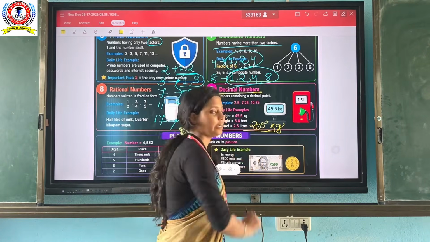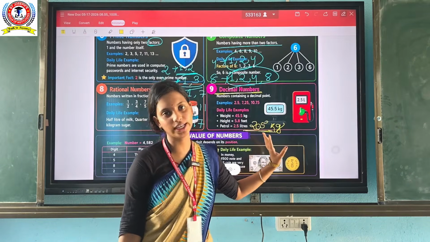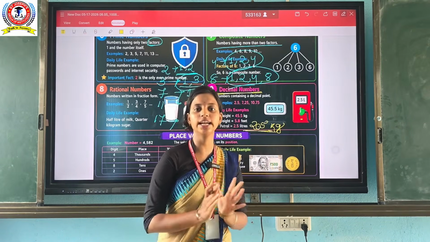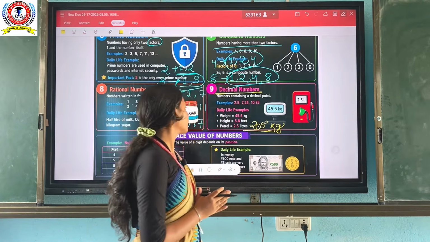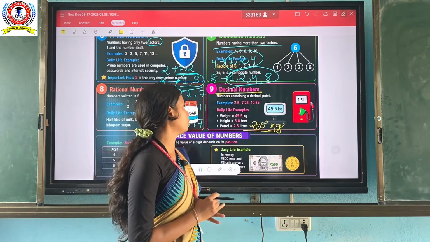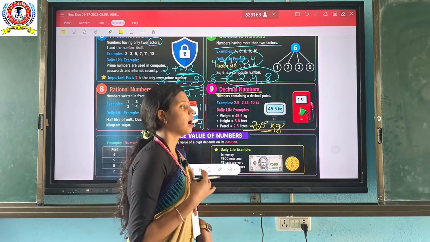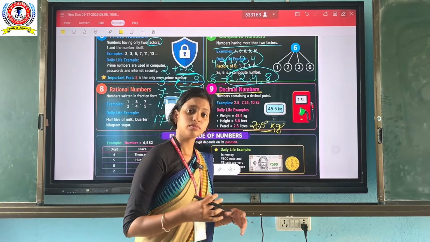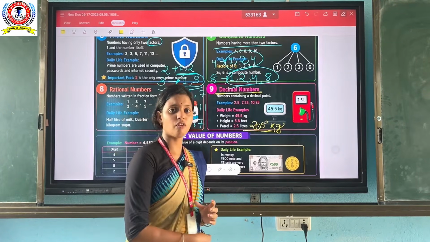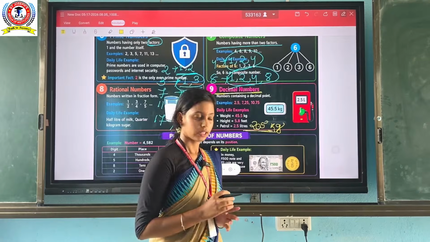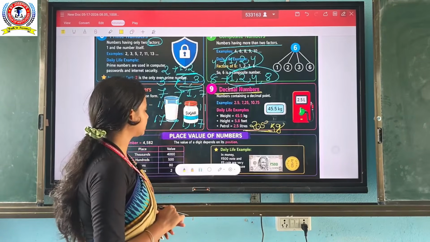We get a decimal point here, which means 2.5 is a decimal number. In our daily life we use decimal numbers to know the weight, height, and the quantities of oils or liquids. So these are all about decimal numbers.